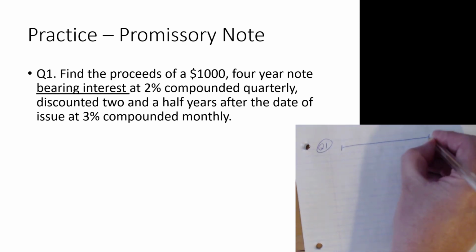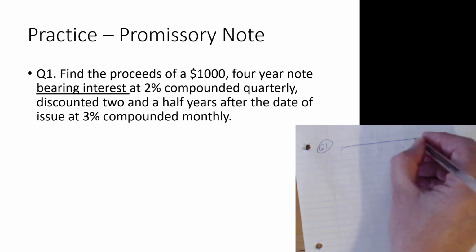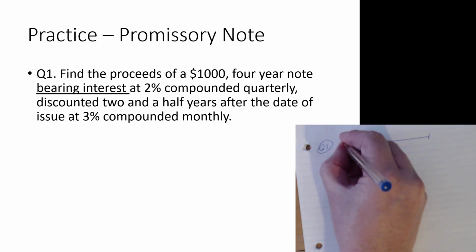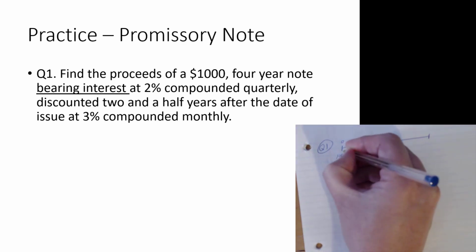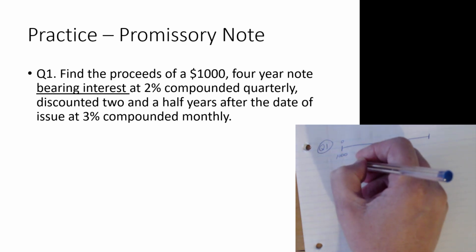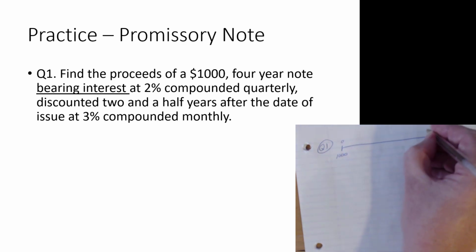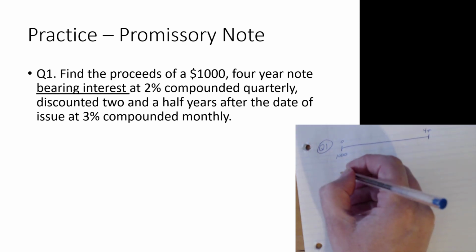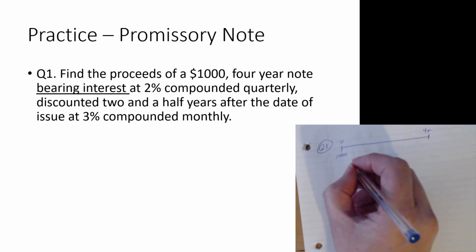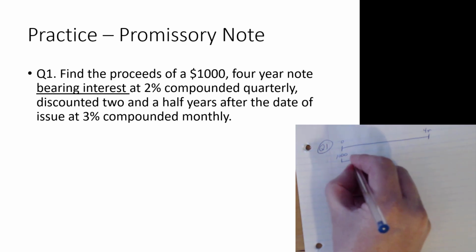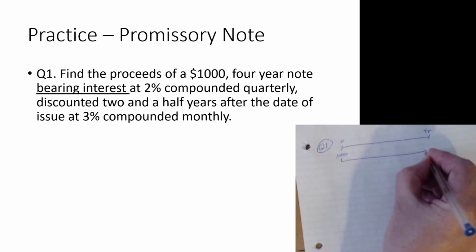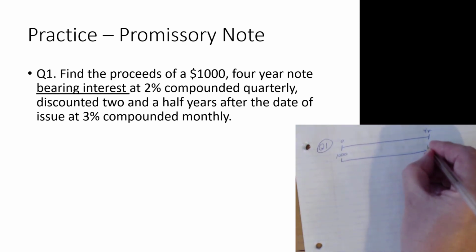Draw a timeline, just so I can get a sense for what's going on here. So at the beginning, we have $1,000, 4-year note. So out here in 4 years is the maturity. Okay. So step 1 is we need to find the future value. I'm just going to call that circle with a 1.